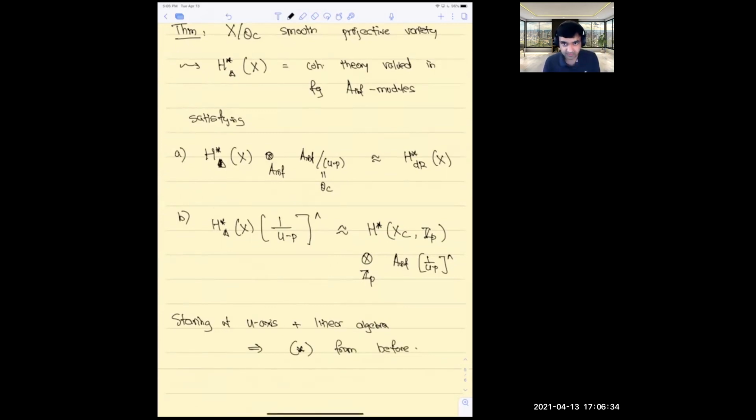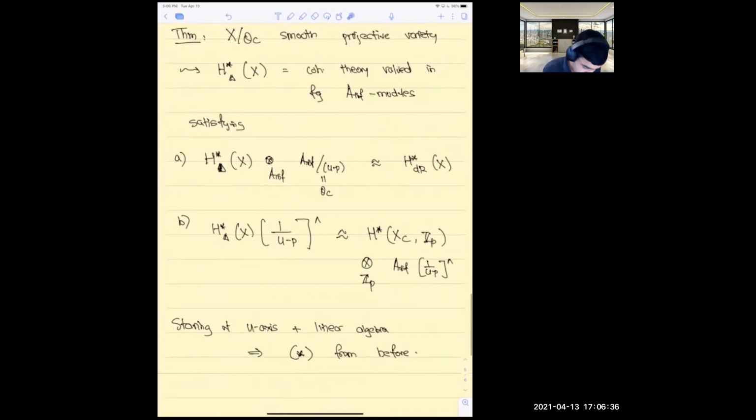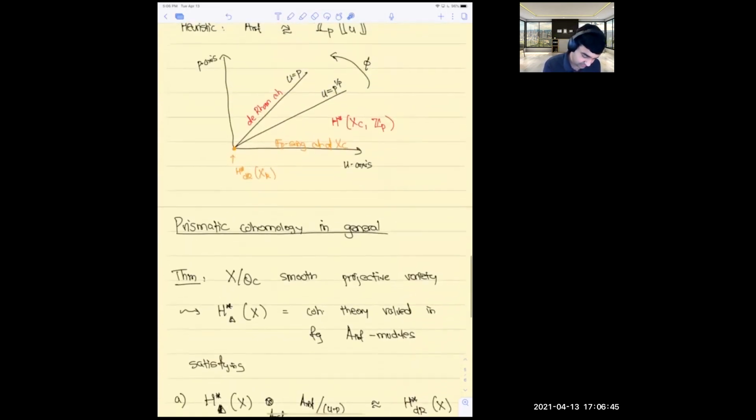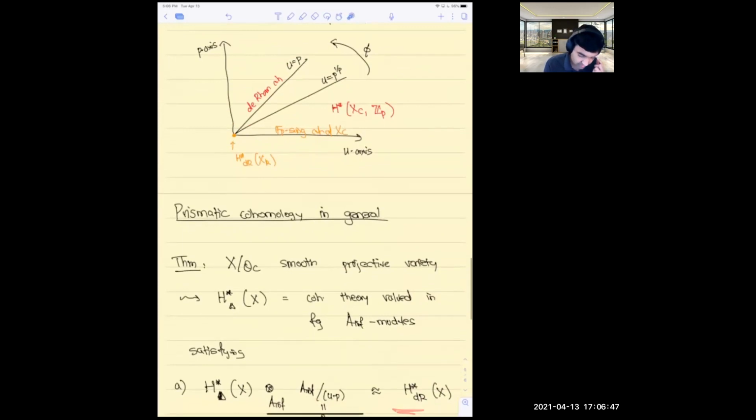And roughly that's what prismatic cohomology does. It produces this kind of deformation that lives over A inf, and there are these two specialization isomorphisms that fit in this picture, and they allow you to deduce this inequality star that I mentioned earlier.